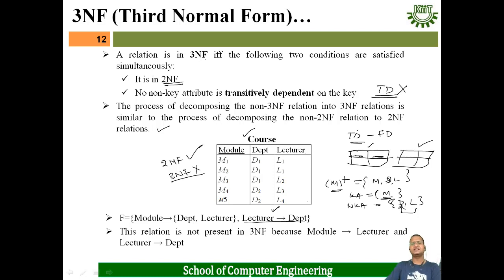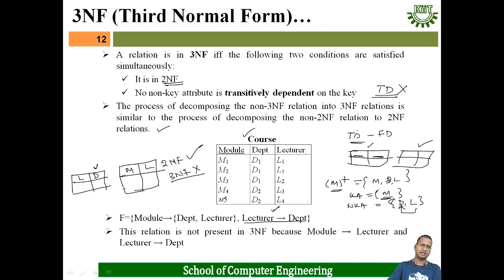The functional dependency which creates the problem, we have to take that and create one relation for it. I will take one table which contains lecturer and department as attributes, and in another table I will keep all other attributes except the right-hand side part, that is, except department: module and lecturer.